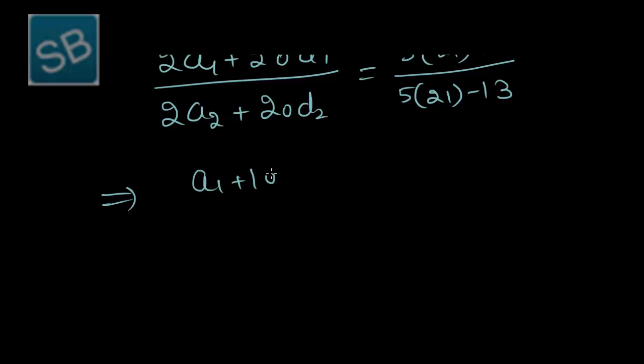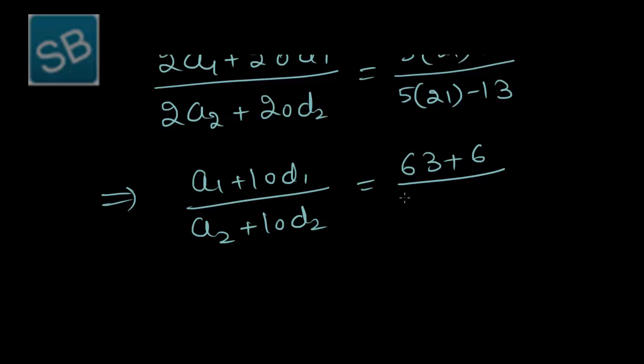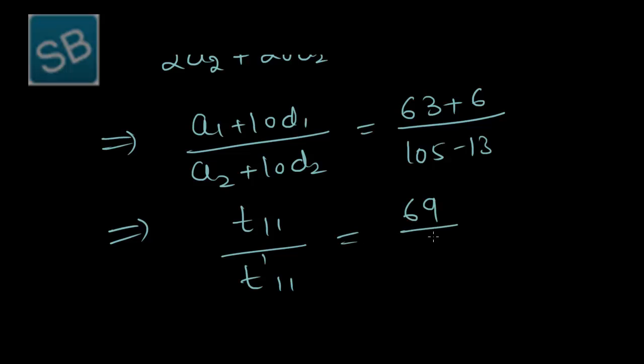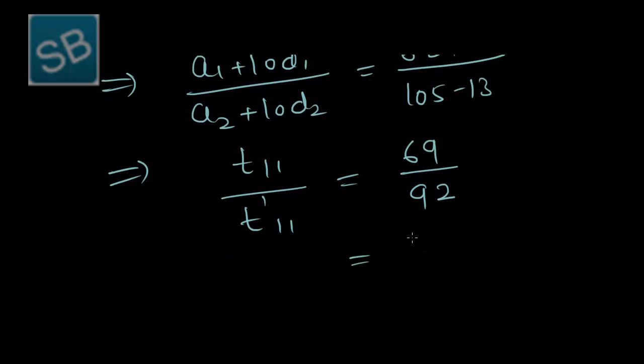So we get a1 plus 10d1 over a2 plus 10d2 is equal to 21 into 3 is 63 plus 6, and here 105 minus 13. That gives T11 over T'11 which is equal to 69 over 92. On 23 it will cut out: 23 3s are 69 and 23 4s are 92. So we get the ratio of the 11th terms of the 2 APs is 3 by 4.